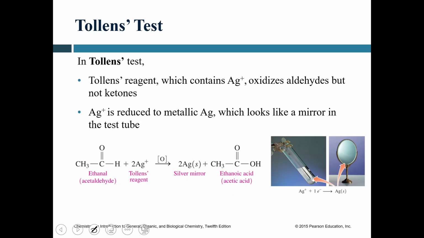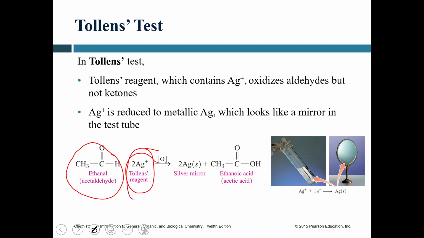Now, Tollens test is used to distinguish aldehydes from ketones. Turns out that with Tollens reagent, which contains silver, singly positively charged, only aldehydes but not ketones are capable of reducing it.